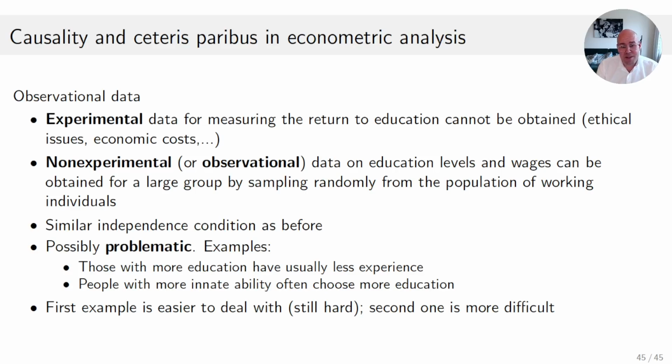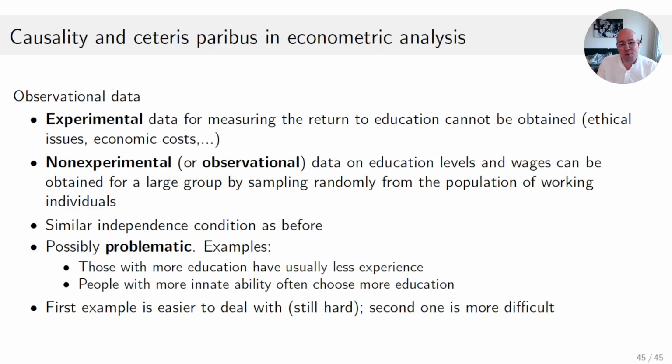Let me just end with two complications and talk about them for one more minute. When you think about the effect of college education on wages, you could have two complications. One is that those with more education have usually less experience on the labor market. So when you look at them later in life, they've started to work later, so they have less experience on a job.